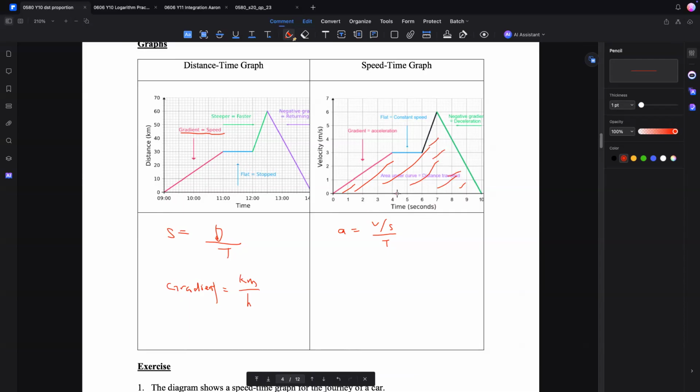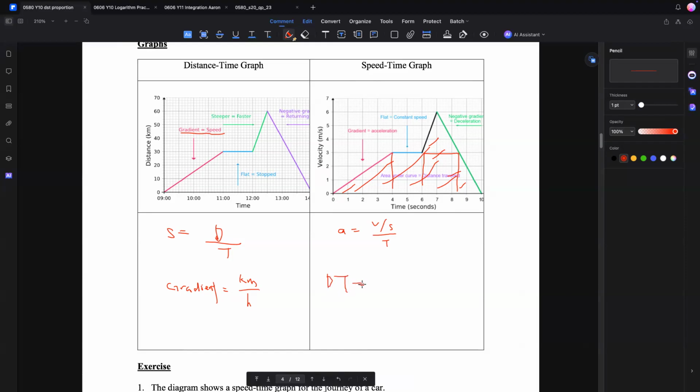So how do you find area under the curve? You're going to split your graph into triangles. So you have a triangle, you have a rectangle, and you have another triangle up here. Then you can split another triangle down here. You just make as many shapes as you want, and then you find the area under the curve, and that will give you your total distance traveled.